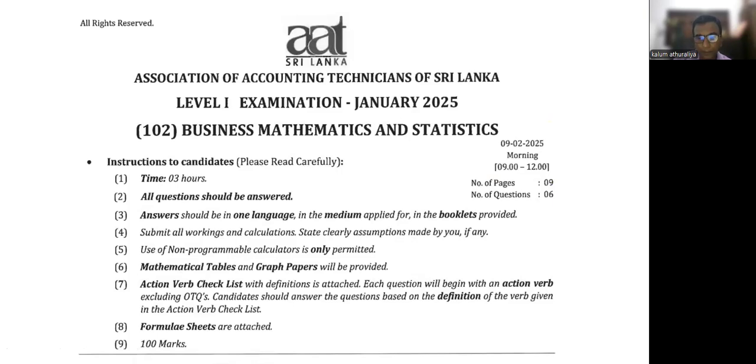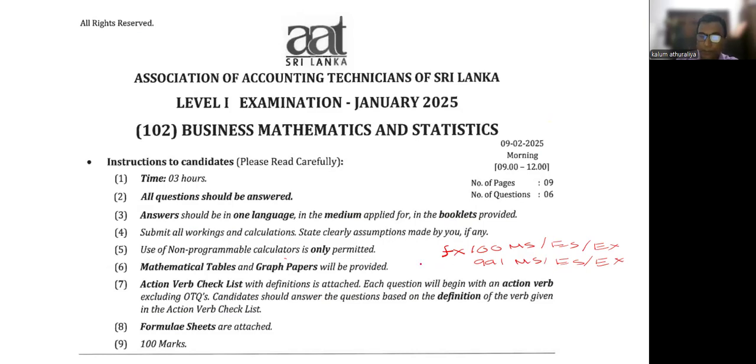You can use this type of calculators: Fx 100 MS calculators, then Fx 991 MS, and also 100 ES calculators, 991 ES calculators, and also you can use EX calculators.